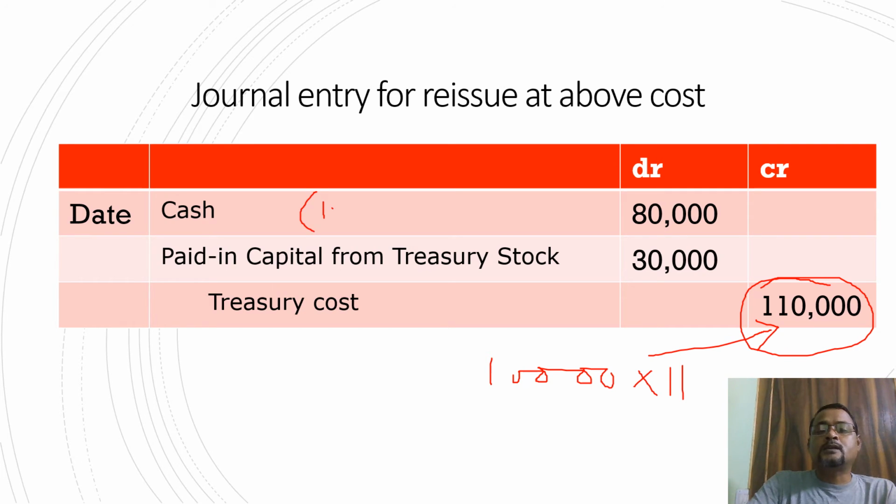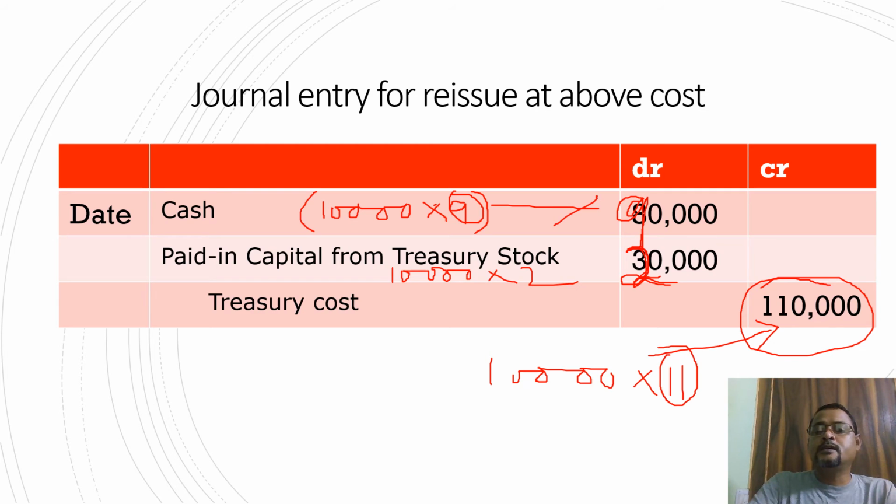But it is reissued at 10,000 into 9, this should be 90,000, and as a result there is a loss of 20,000, that's 10,000 into 2. Bought for 11, sold for 9, so 90,000 is debit. As a result, there is a gap of 20,000 between what it was bought for and what it is sold for. So that amount is debited to paid in capital from treasury stock.